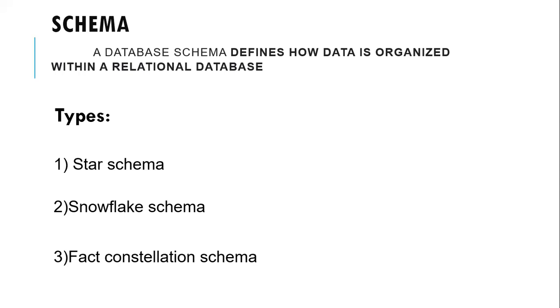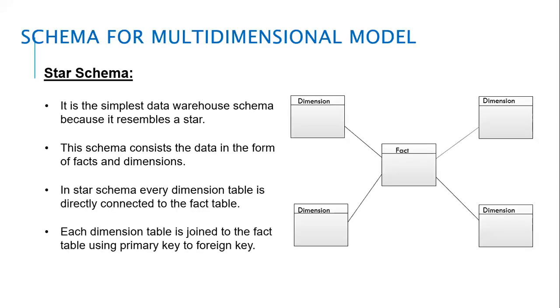What is the purpose of this schema? Like the database into which we store our data, but in a schema, what exactly are we doing? We'll be organizing the data.